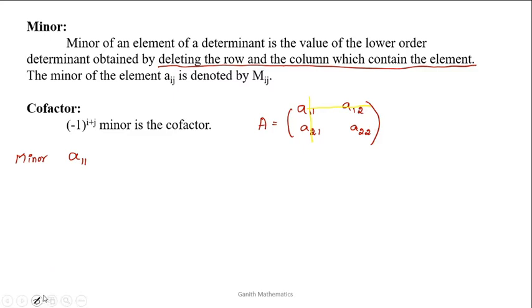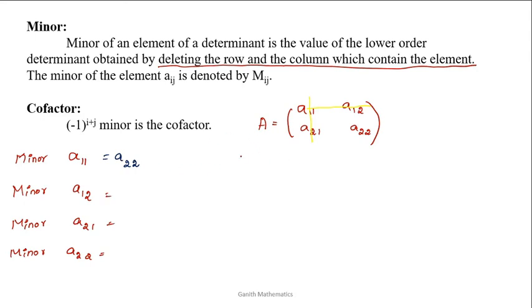So A22 is nothing but the minor of A11. Similarly, we are going to find the minor of the other elements, that is the minor of A12, minor of A21 and minor of A22. For this we are going to do the same procedure.